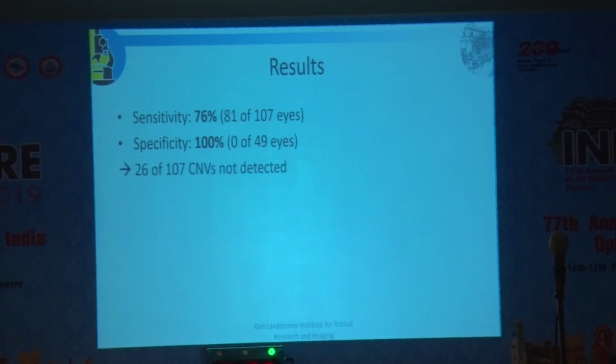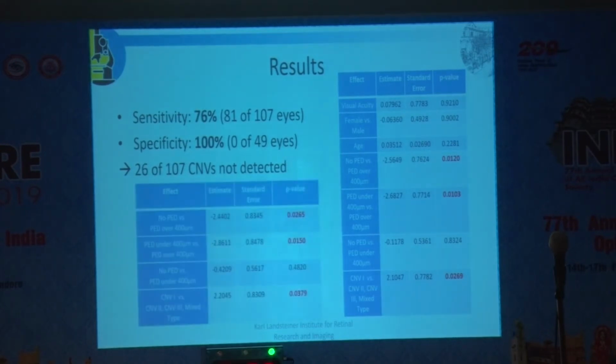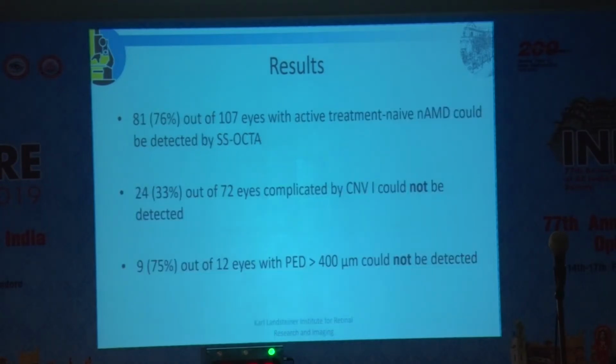So 26 out of 107 eyes could not be detected, and we found some significant factors, especially when there was a PED over 400 microns and if there was a CNV1. Both of these were statistically significant. So more than 3/4 of the eyes with active treatment-naive neovascular AMD could be detected by swept-source OCTA.